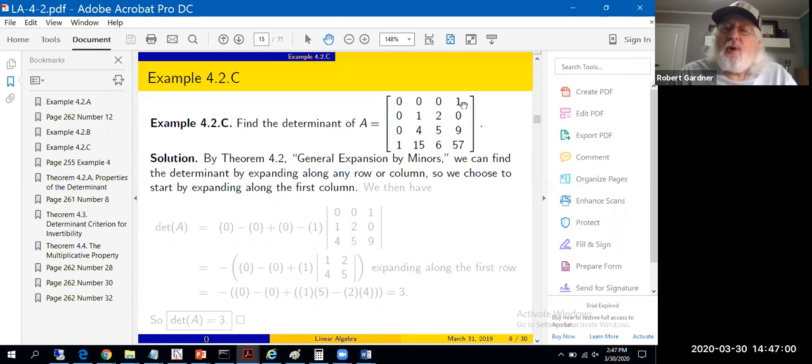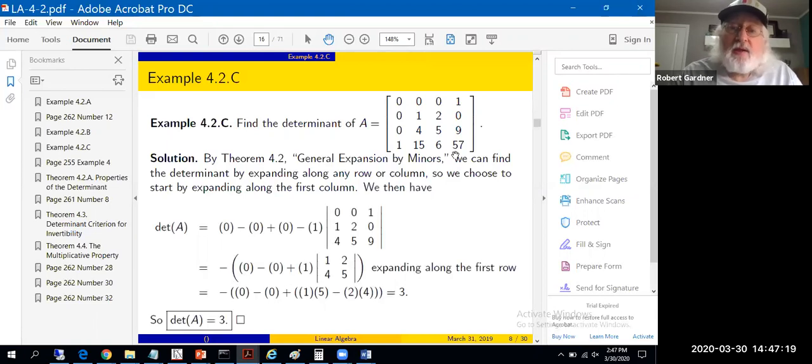If we expand along row 1, we won't have to deal with the 57. We'll have 0 plus 0 plus 0 plus 1 times the determinant of this minor matrix. So the 15 will still play a role. The 57, it looks like, ultimately doesn't play any role in the computation of the determinant, given the other numbers. Anyhow, I want to expand along the first column for the sake of illustration.